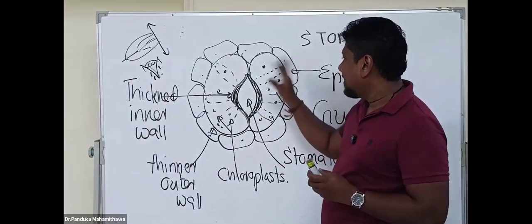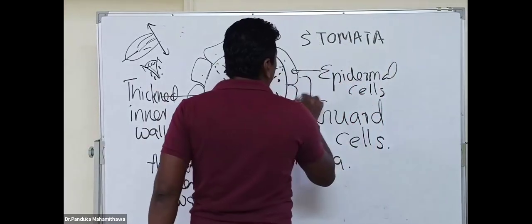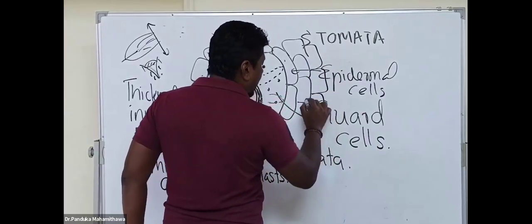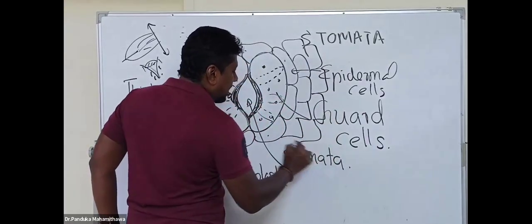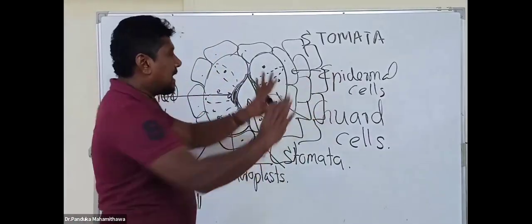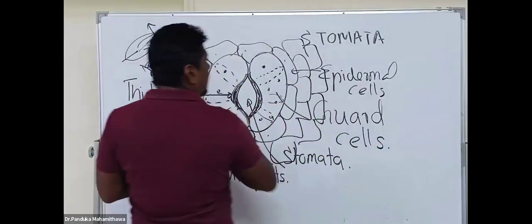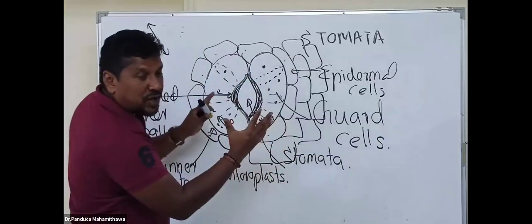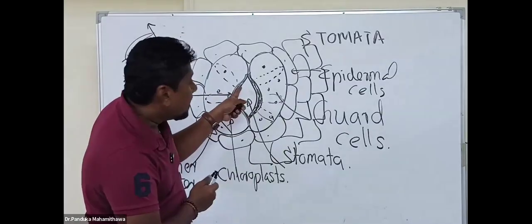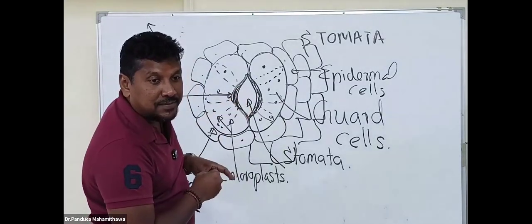So all the epidermal cells are arranged as a thin single layer, like a sheet here. This is the leaf, and we are looking at the back side of the leaf. That is why we see the stomata like this.